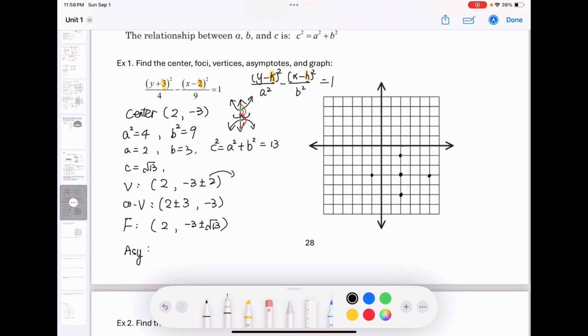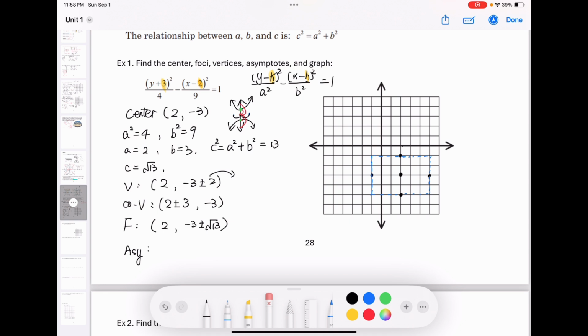All right, we have our vertices and the co-vertices. Let's construct a box. You don't have to do this, but this method can help us find the asymptotes. Let's make a rectangle, or we say make a box.